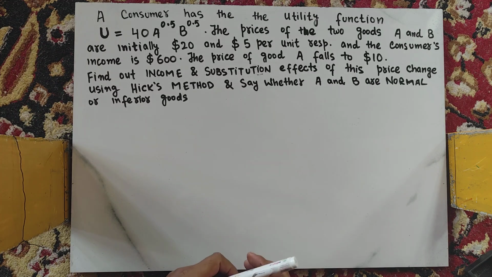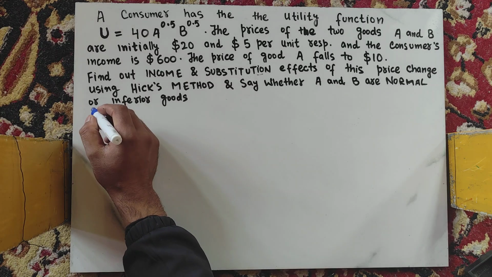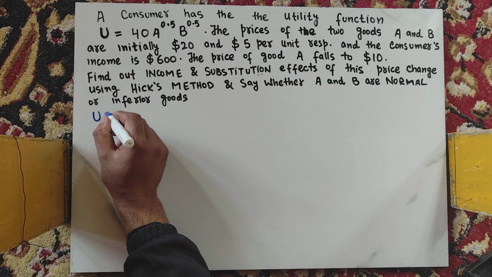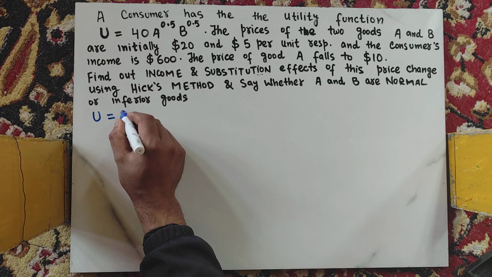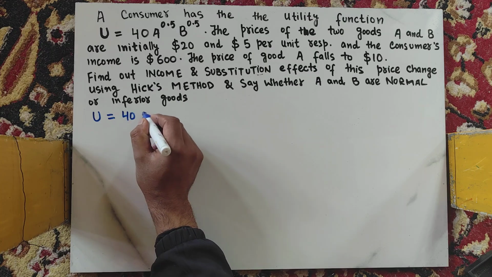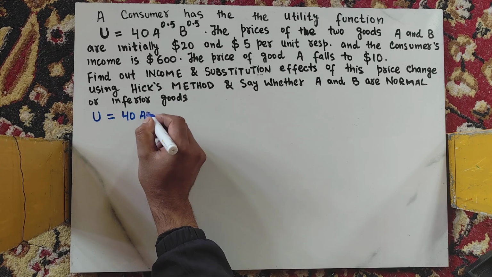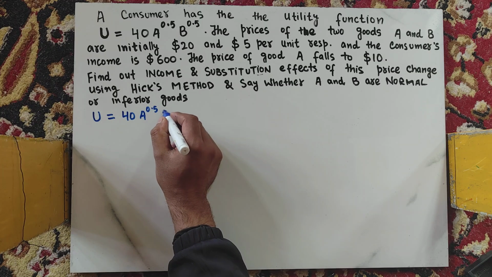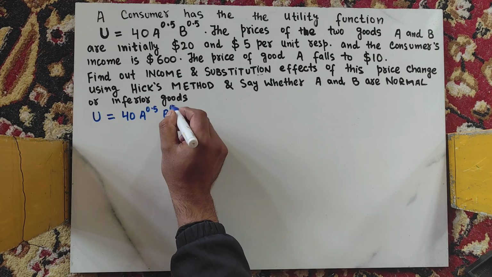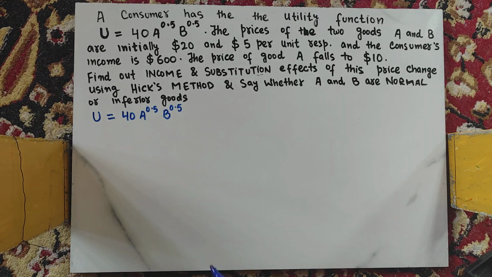Okay, so let us see what information we are being provided. We are being given the utility function. The utility derived by consuming goods A and B is related like this: U = 40 A^0.5 B^0.5.